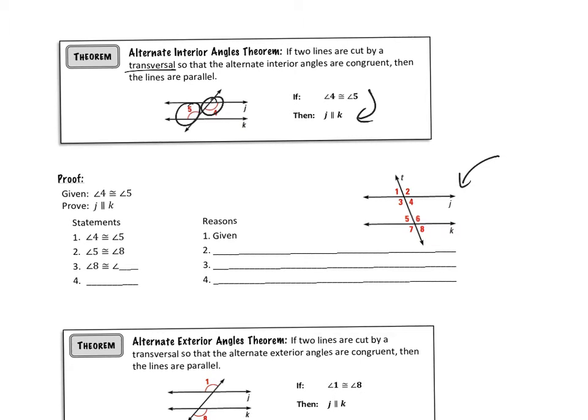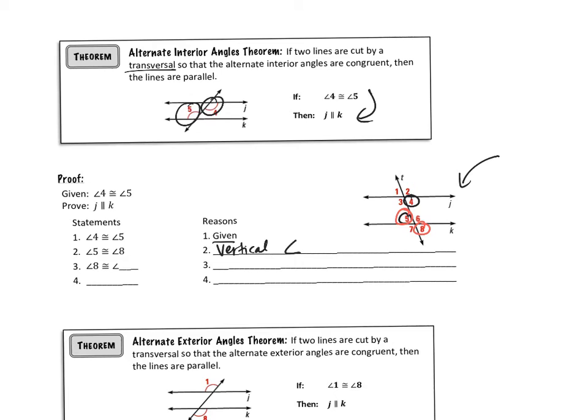And we are told that angle 4 is congruent to angle 5, so those are alternate interior angles, and that is my given. Statement 2 says that angle 5 is congruent to angle 8. I can say that because we proved in 2.6 that vertical angles are congruent and have equal measure.